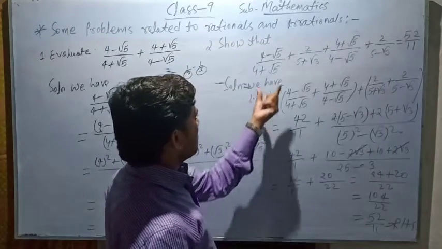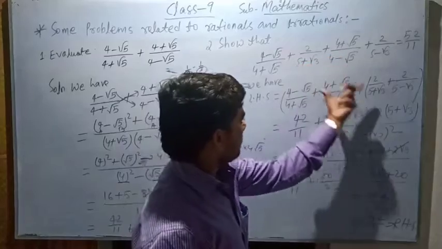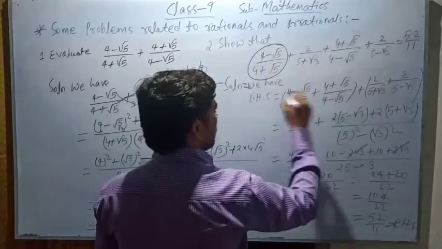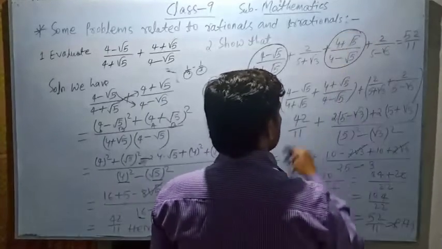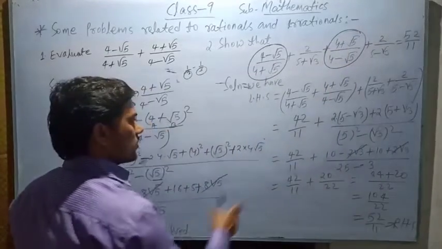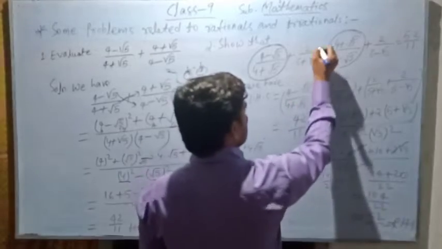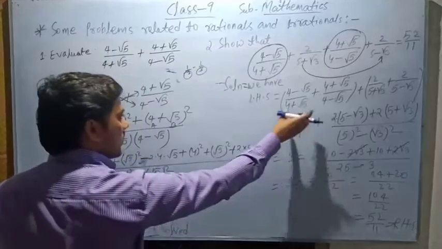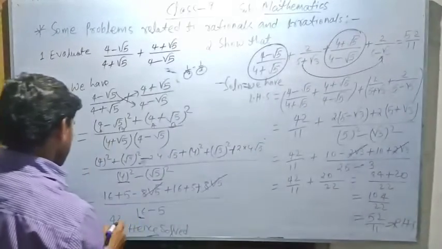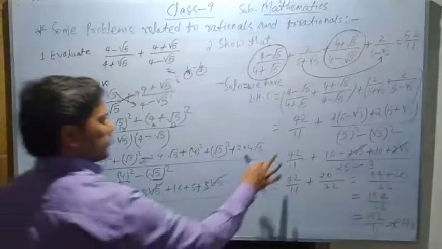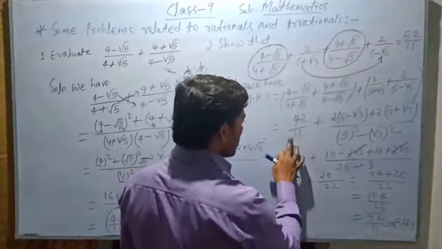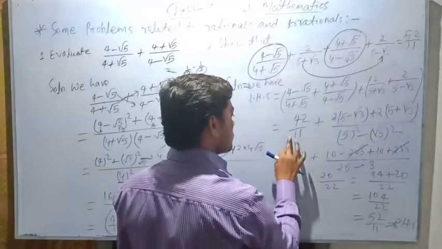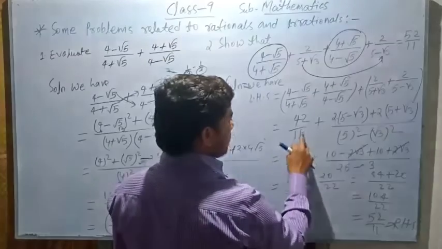LHS is equal to the first two terms, which you take together, and the value of this is 42 upon 11. You can put it directly, but in the exam you have to solve completely. Do not put the direct value.